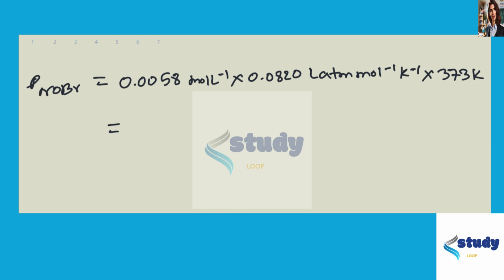And in this way, we can find the pressure of NOBr, which is 0.1774 atm, atmospheric pressure. So this is the pressure of NOBr.